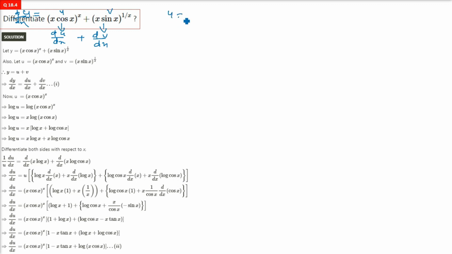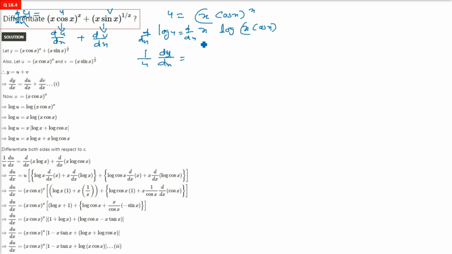U is equal to x cos x to the power x. So log u will be equal to x log x cos x. First is this one. Then we'll differentiate it. d by dx of log u is equal to d by dx x log x cos x. So 1 by u du by dx. And see, this is log x cos x, log a into b.